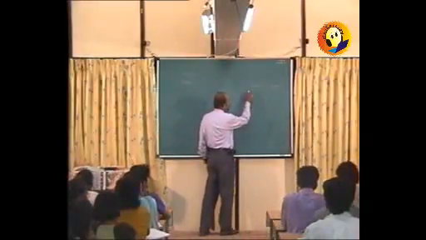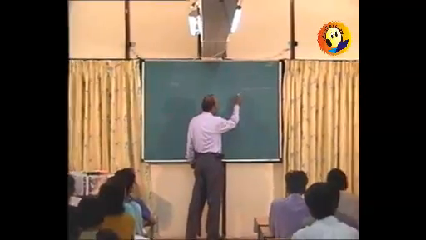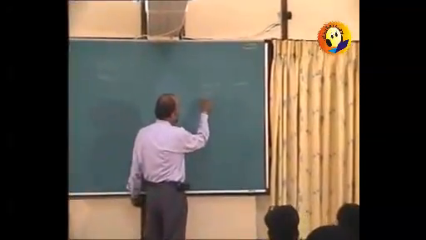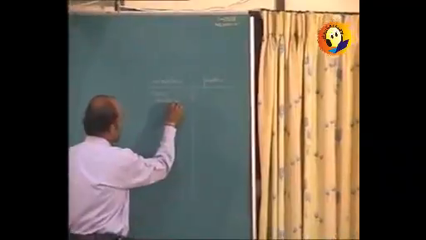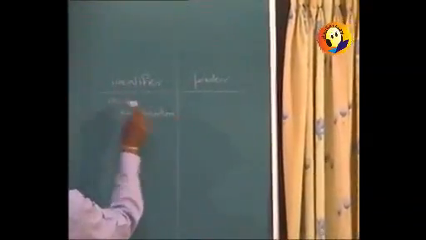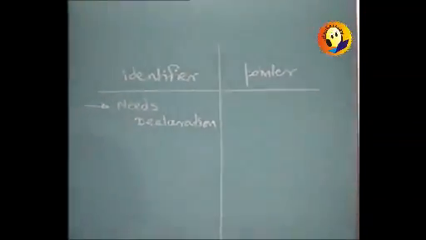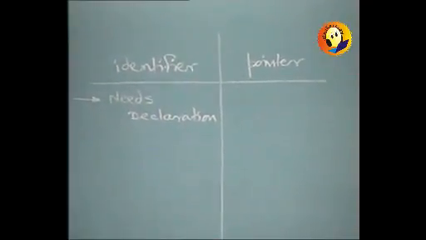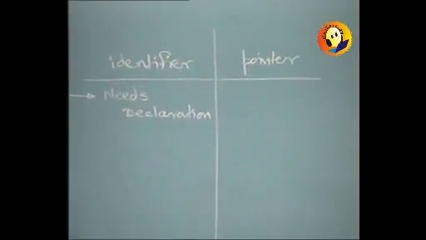It has to be declared, so it needs a declaration. That will be the type that you will be specifying, the type and the name of that identifier. Anything else that you know about the identifier as such?